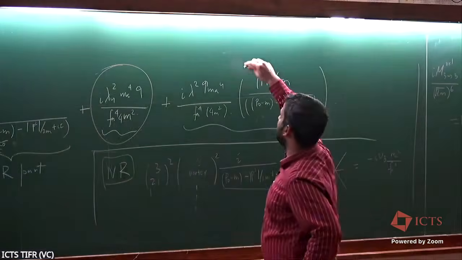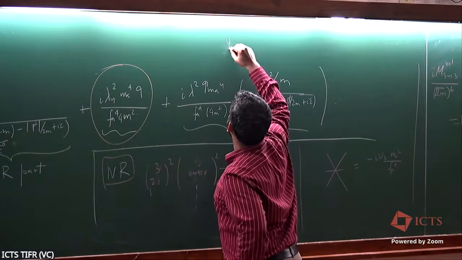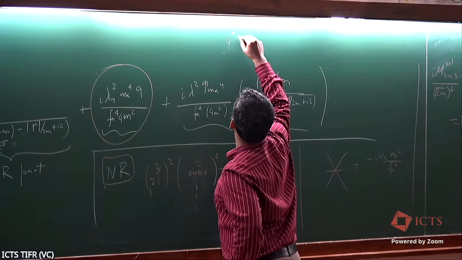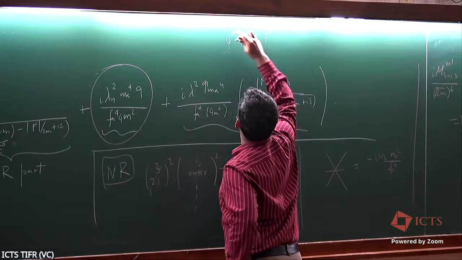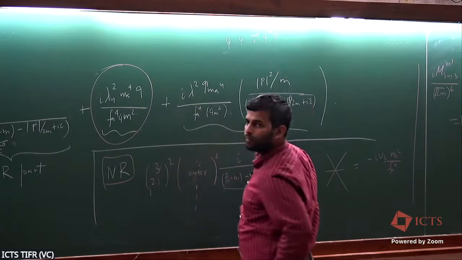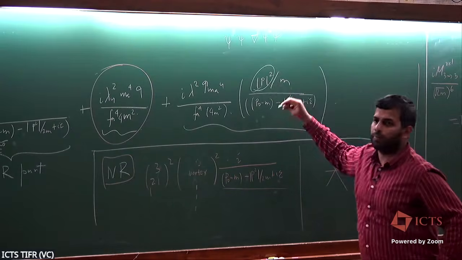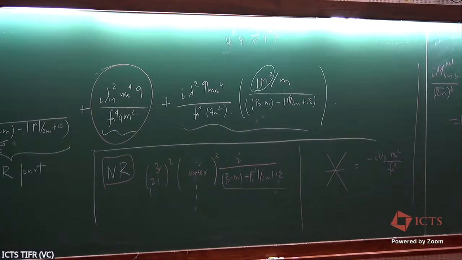So this operator would be something like psi dagger psi, del squared, psi dagger psi. Because of this p squared term, there has to be a del squared derivative coming into the picture. This is the point.